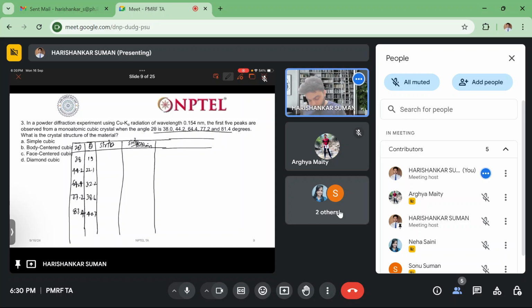Now calculate sine theta, then square. This will be 0.425, then 0.599, then square. Thirty-two, 39.